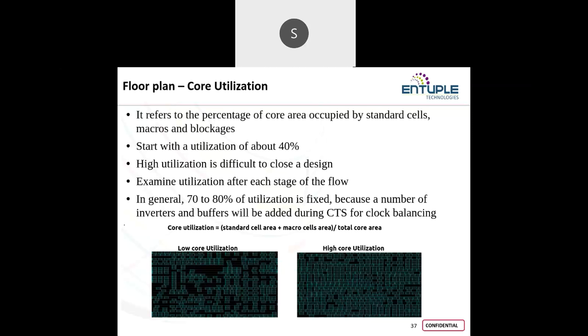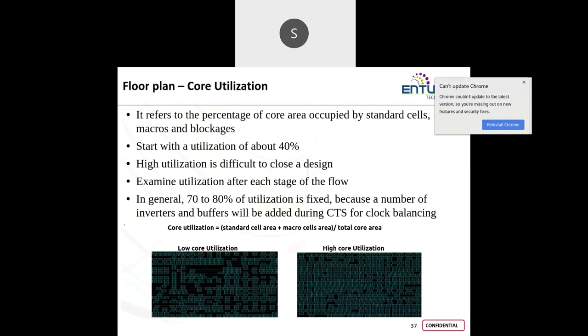All these come into the picture. So it refers to the percentage of the core area utilized by my design, the standard cells, macros or blockages. We call this core utilization.